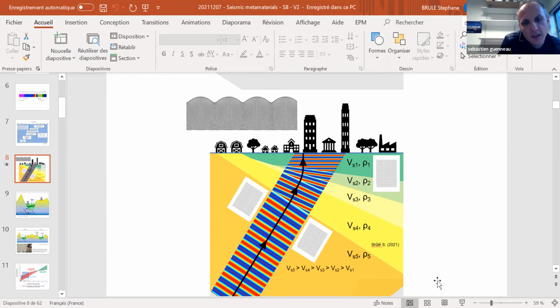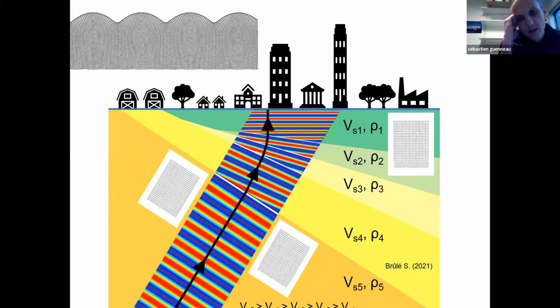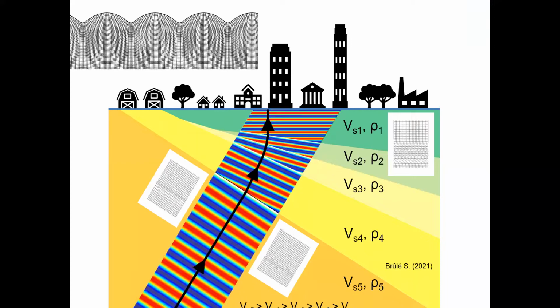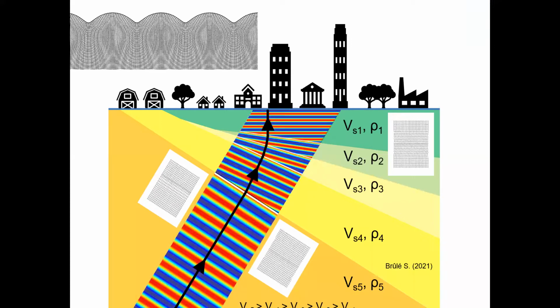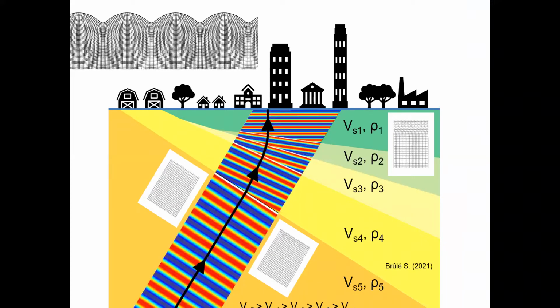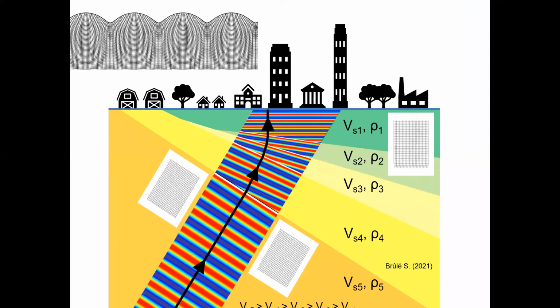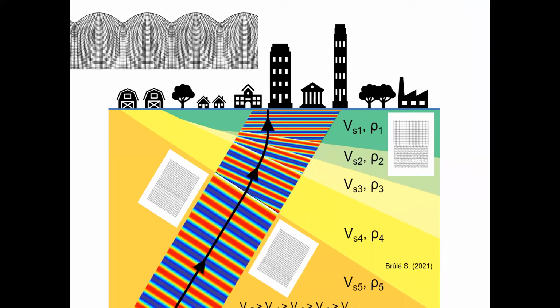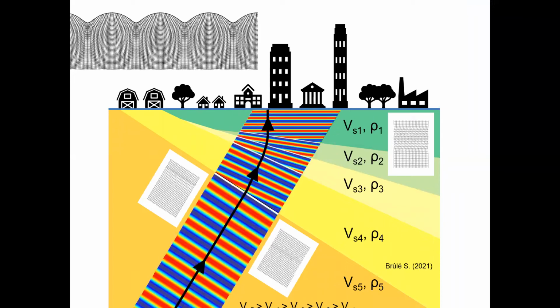I think it's really striking when you have this kind of animation that is somehow acting as a bent waveguide. Yes, it's quite simplified. One of the difficulties, as I presented for the Durrës earthquake, is that you don't have such a simple effect.